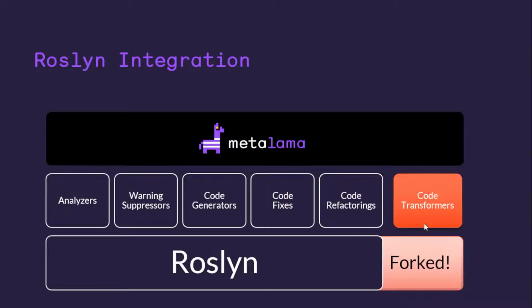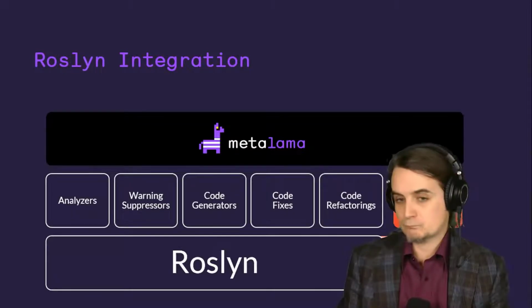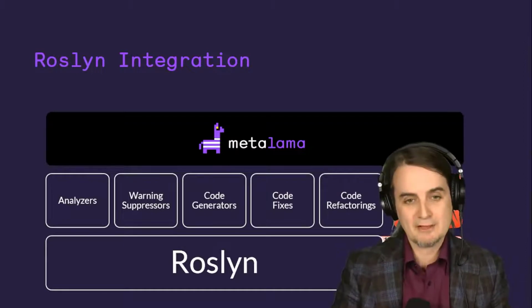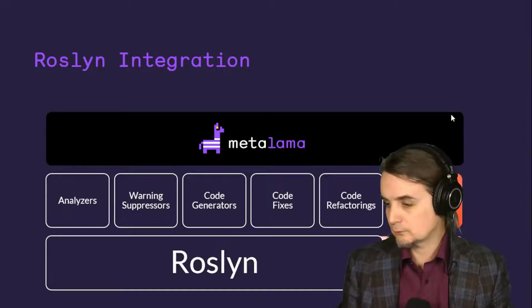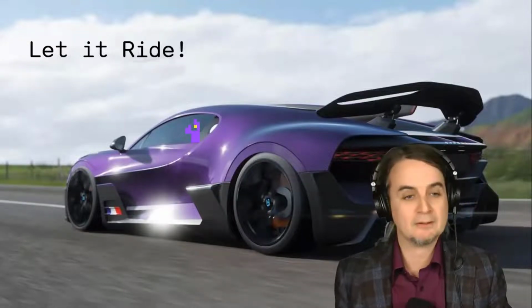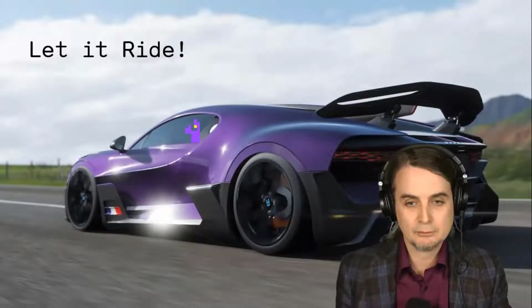But at compile time, sorry, we have our fork of Roslyn that includes a new extension point that we call code transformers, and this is how we are able to change the code with the aspects. So this is how we integrate, and that was enough slides.